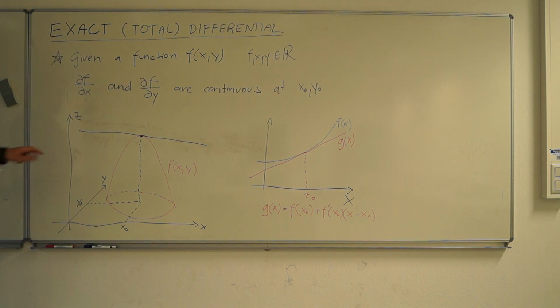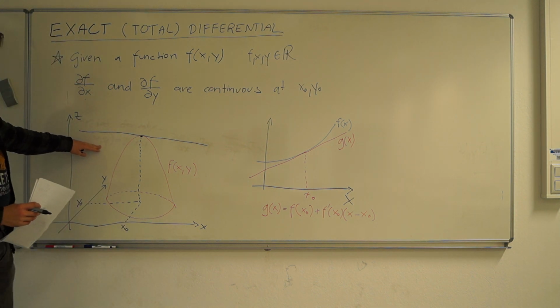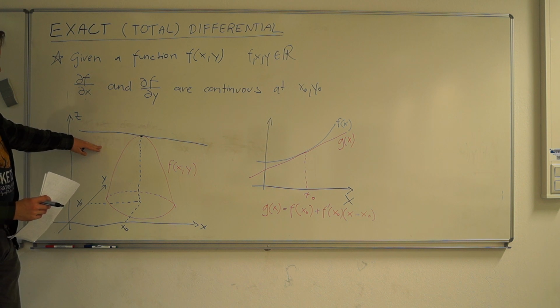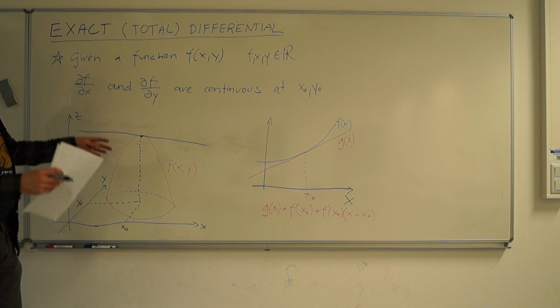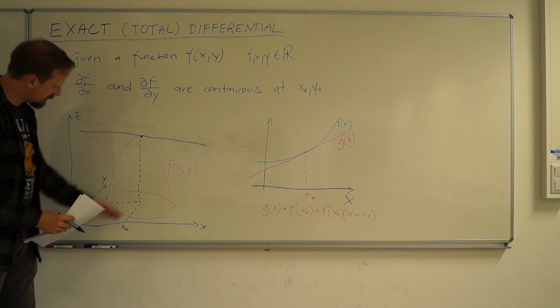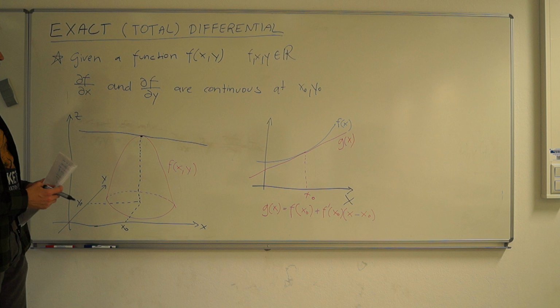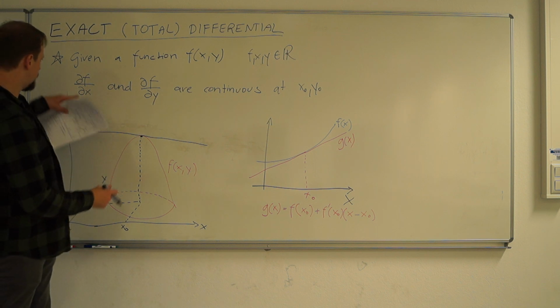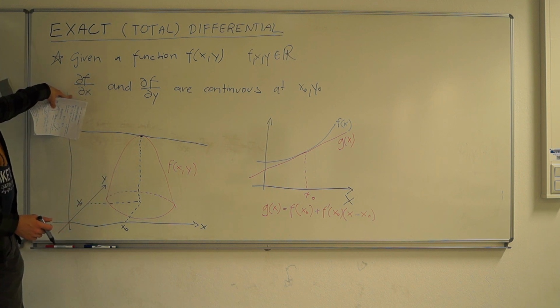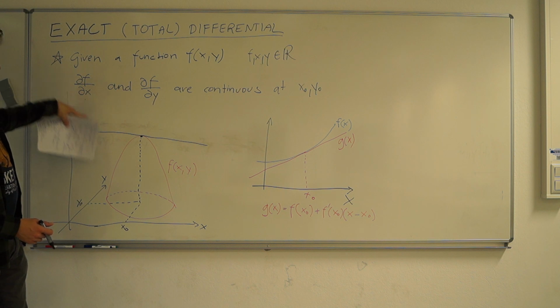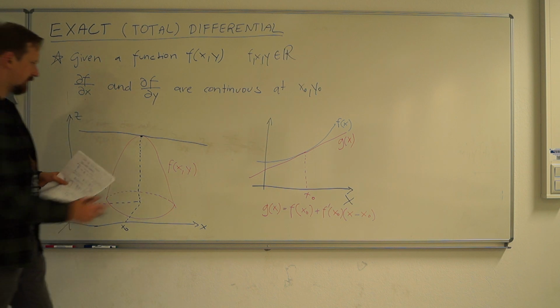This tangent parallel to the x-axis can be described with the following relationship, because our partial derivative is continuous at the point x naught, y naught.